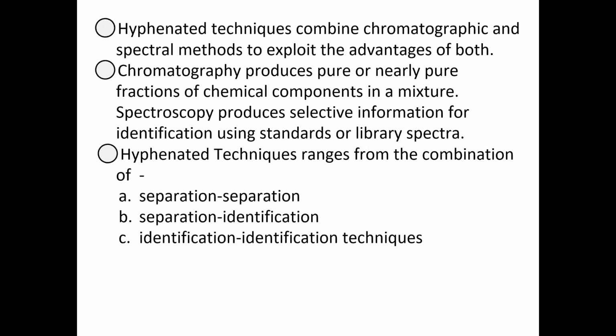Chromatography produces pure or nearly pure fractions of chemical components from a mixture, and these pure fractions are then put into a spectroscopic machine to produce selective information for identification using standard or library spectra. So, chromatography produces pure or nearly pure chemical compounds, and spectroscopy produces selective information for identification using standards.